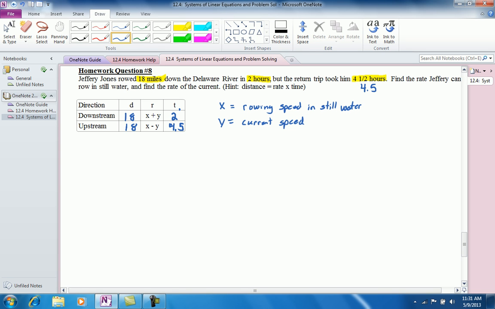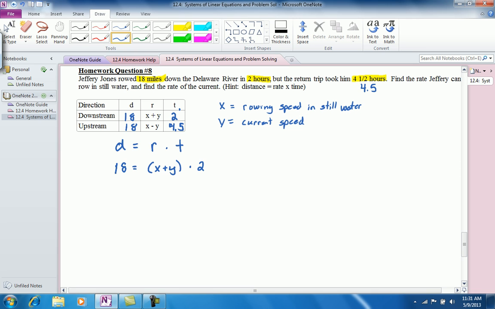Now continuing this problem. The hint is that distance equals the rate times the time. So using this in my table, my first equation for my system, my first of my 2 equations, will be 18 equals the rate, which is x plus y, times the time, which is 2.